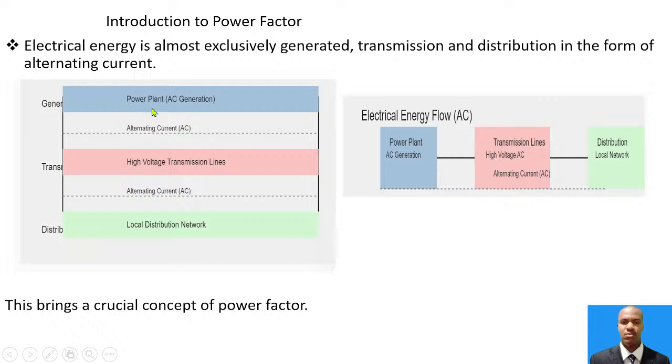Then from that power plant you obtain an alternating current, which is injected to a transmission transformer. The transmission transformer is purposely for increasing the voltage level and reducing the amount of current.